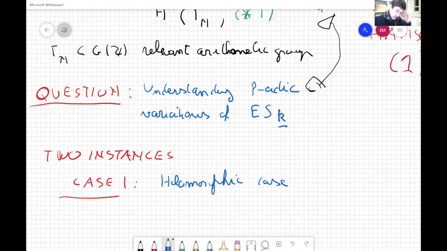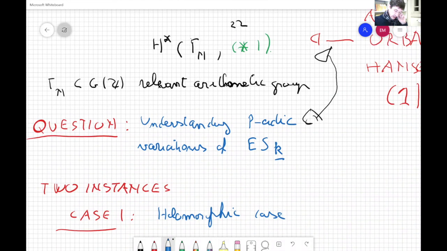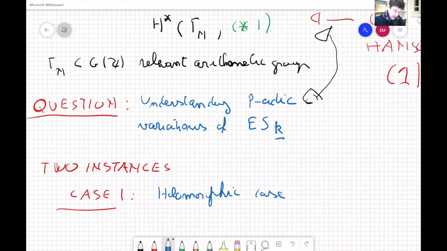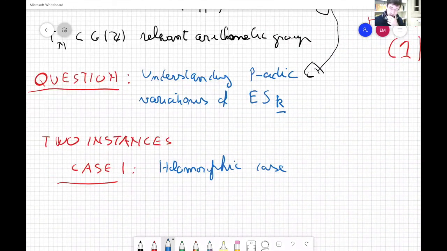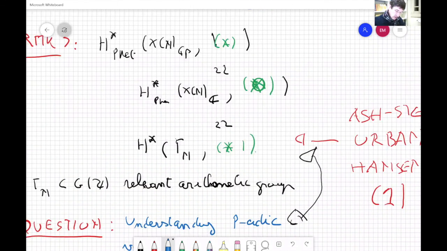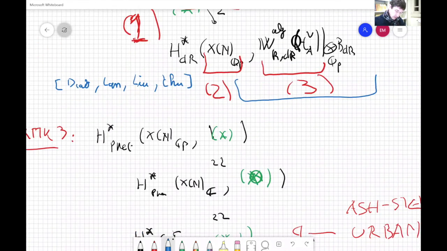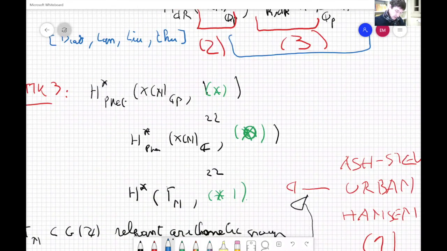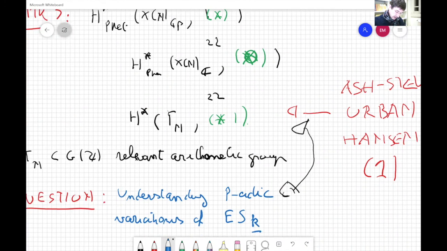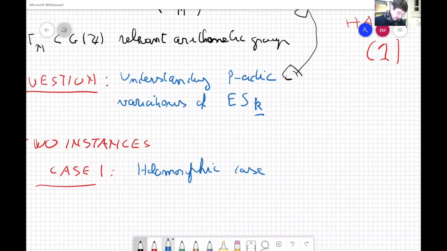The only thing that we need to upgrade, and that's also our contribution, is to pass from the Hodge case, coherent coefficients so to speak, to de Rham coefficients. You see here we have the de Rham cohomology, not simply Hodge cohomology. So we just need to explain how to upgrade this. This is today.